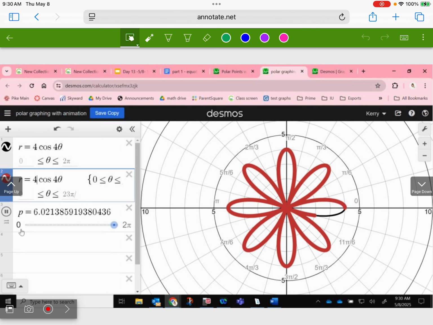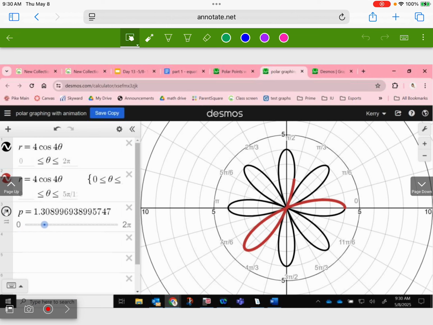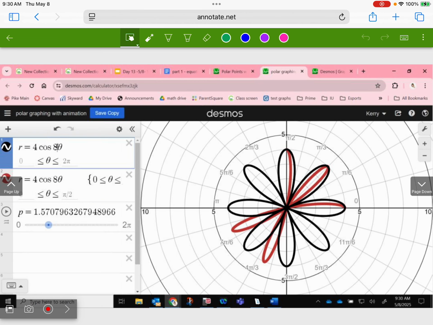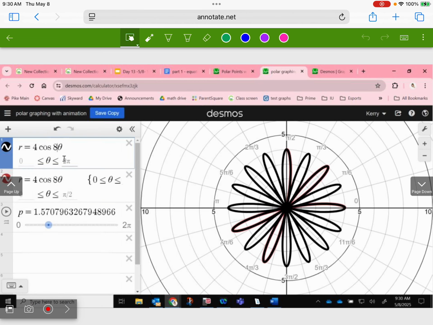So when we're working on this and when we're working on the project, be careful with our roses, because if we go with too many of the petals, letting it loop. Pause. So if I, instead of doing 4, did something like 8. Totally doable. It's fine.